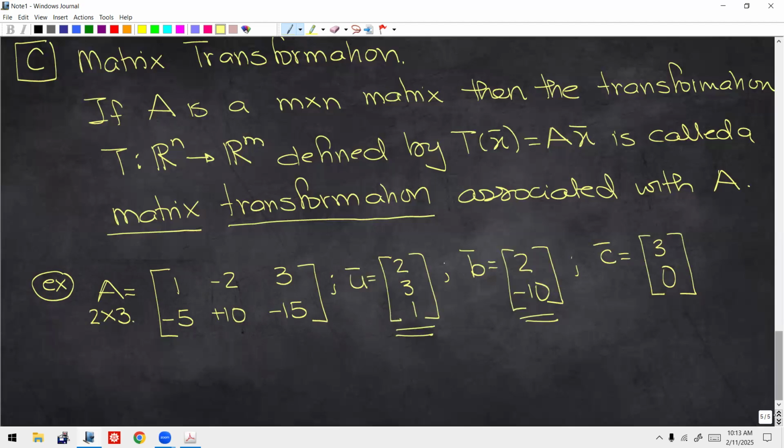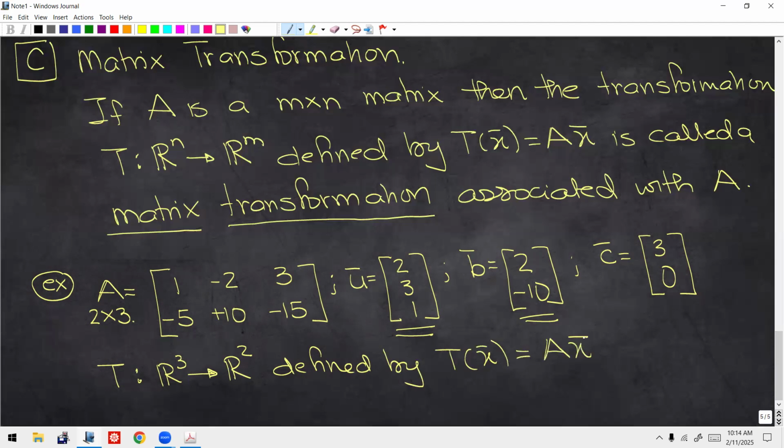So there's a transform that's defined as this from R3 to R2. It takes a vector in R3 and gives you a vector in R2, defined by T of x is equal to Ax. This x is in R3 because it's taking a vector in R3.